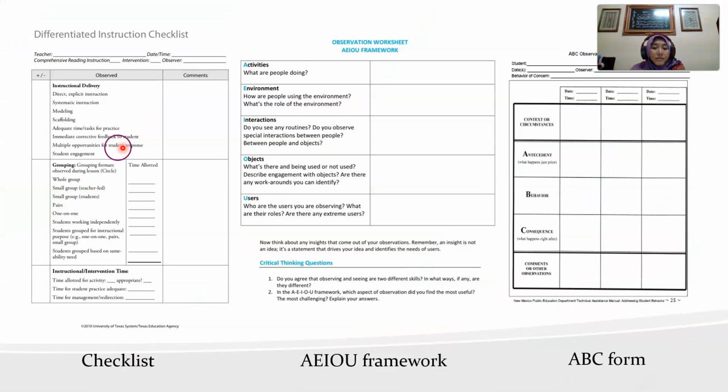Okay, so now this is an example that we have the template. So the checklist, this is one of the examples. You can have various kinds of checklist templates, right, depending on the study or the case that you want to find out.